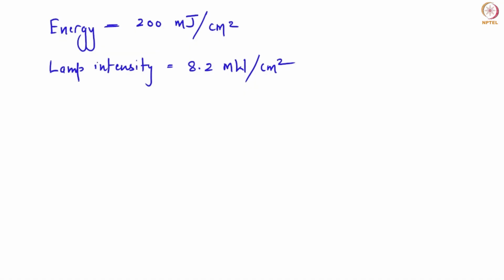Okay, so this one is a very simple problem really. So you are given the energy that is required for cross-linking the film of your resist, okay, and you're given the intensity of your lamp. Now in general what happens is, you don't really know the energy in the beginning.